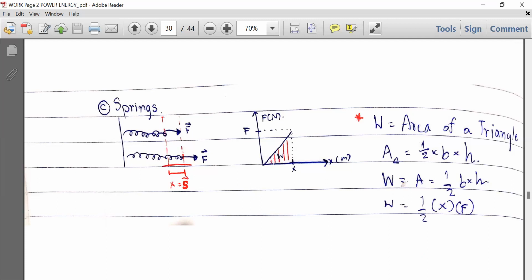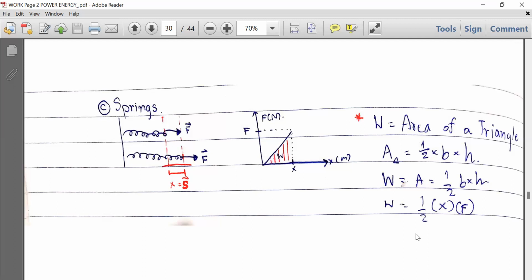And the area under the graph is equal to the work done by the force on the spring. The area in the graph forms a triangle. To get the area of the triangle, you need area equals 1/2 base times height. So work is just equal to the area of the triangle, which is 1/2 base times height.